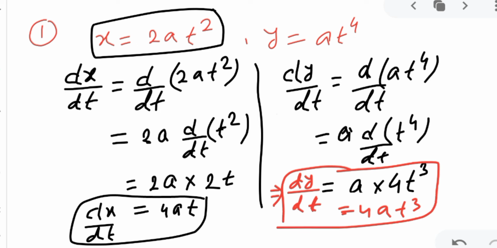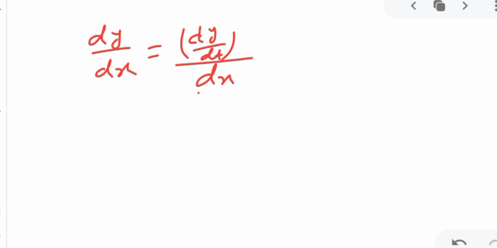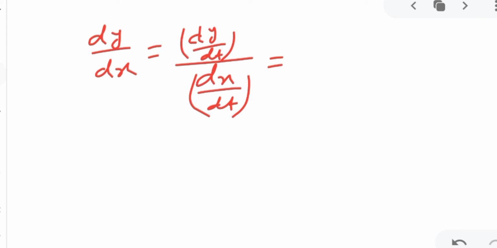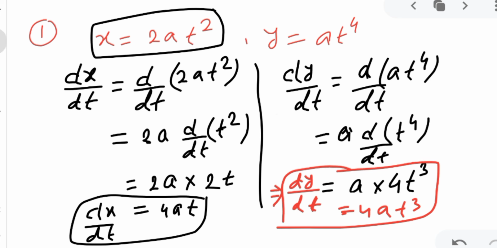Now we have to find dy upon dx. As I told, dy upon dx will be dy upon dt divided by dx upon dt. I know dy upon dt is 4a into t cube, divided by dx upon dt, which we got as 4a into t.